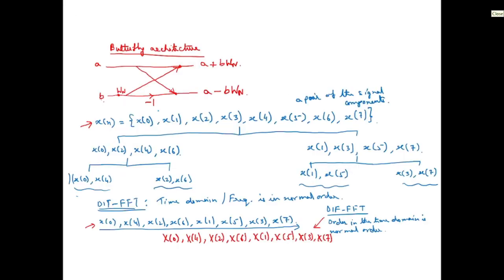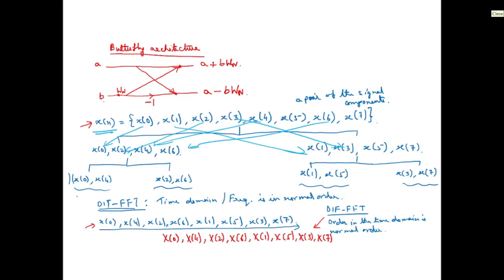We are having this signal over here, and say for example it has a length of 8, so we have values from x of 0 to x of n. Now I will be decomposing the signal. I am taking all the even components at one side and all the odd components on the other side.